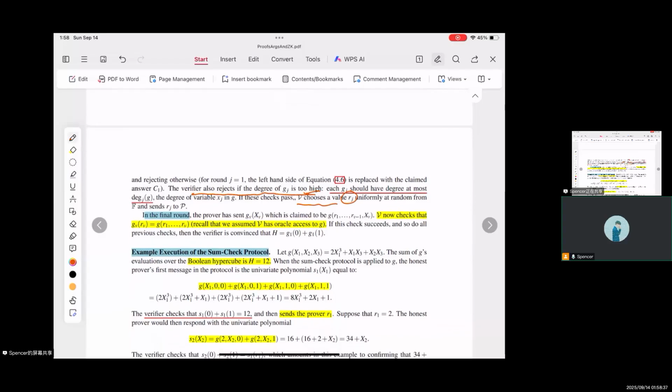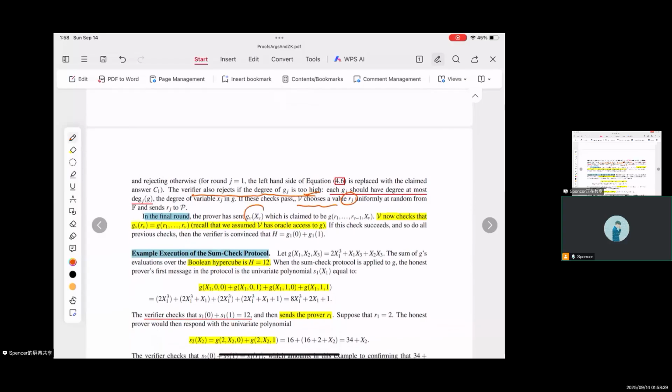In the final round, the prover has sent gv(Xv), this univariate polynomial, which is claimed to be this one. The verifier now checks that gv(rv) should be equal to this one, which can be queried from g by the verifier.